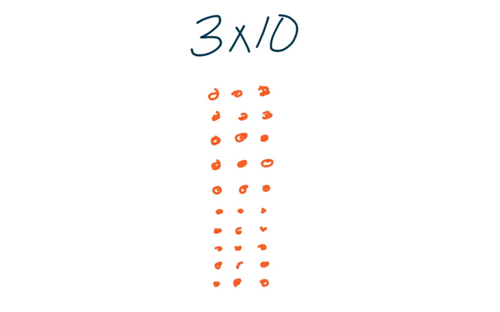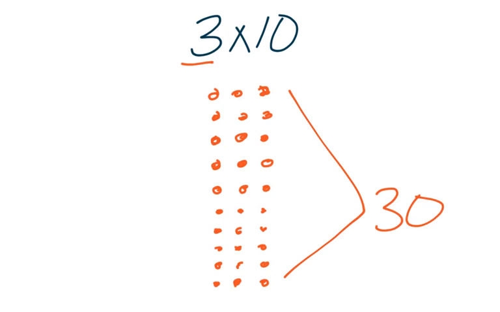We can draw an array to see that 3, ten times, and if we added all of those little dots up, or we skip counted by 3, we would get to 30. Now notice we went from 3 to 30. We added that 0. The same would hold true if we multiplied any number times 10, we're adding that 0.